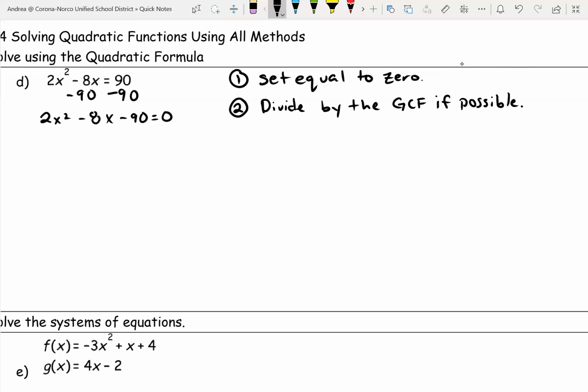This step isn't necessary. It just makes our life a little easier. It makes our numbers smaller, a little less work for us. So if it has a GCF, then divide everything by the GCF. If it doesn't have a GCF, then don't do this. Just look. Can 2, negative 8, and negative 90 all be divided by something? Yeah, by 2, right? So we're going to divide everything by 2.